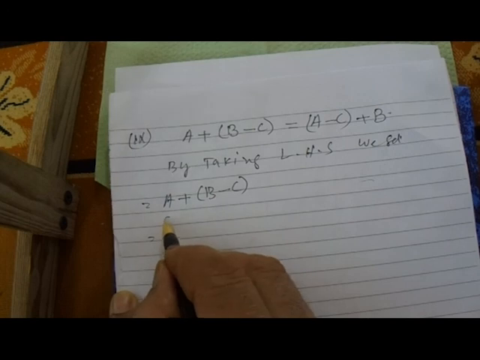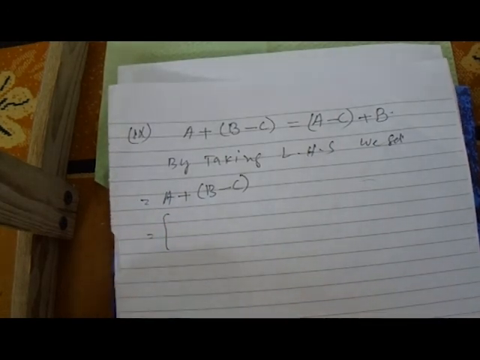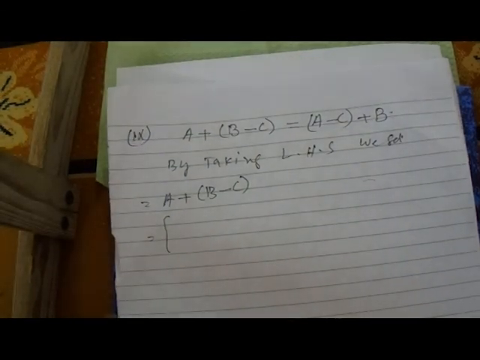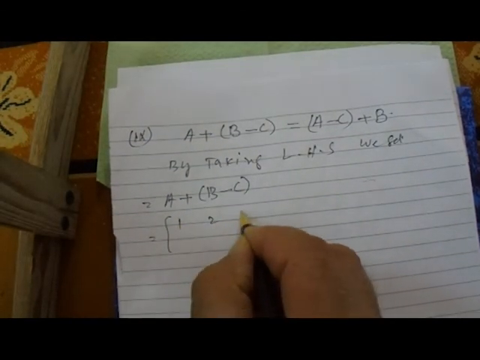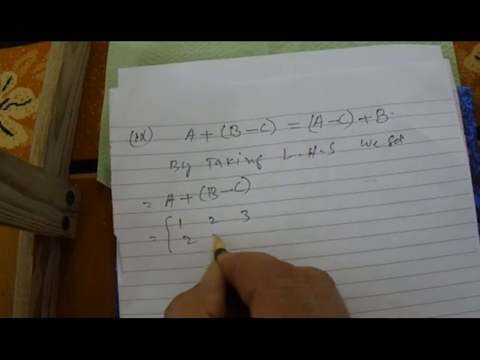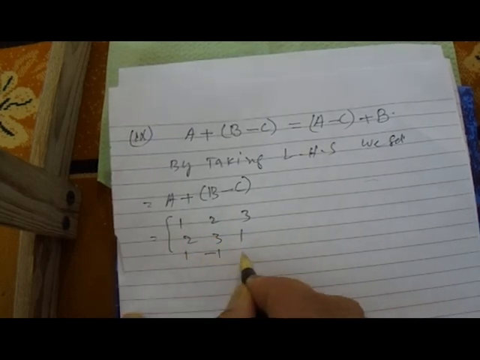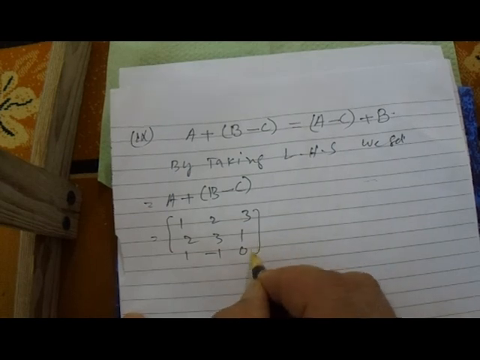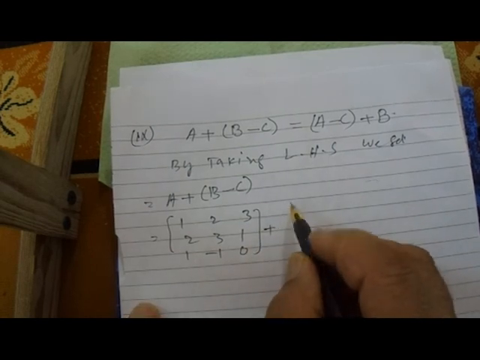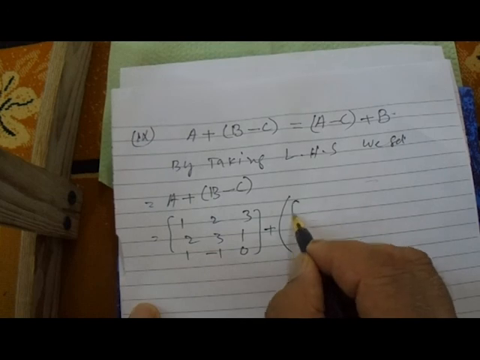Now we put A matrix. We write the A matrix here. This is our A matrix: 1 2 3 and 2 3 1 and 1 minus 1 0. Now it is our A matrix, plus we write here B matrix.